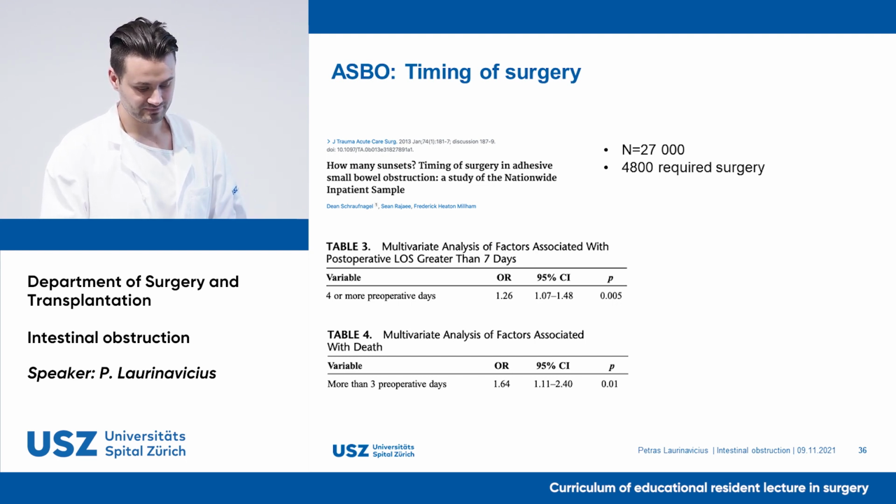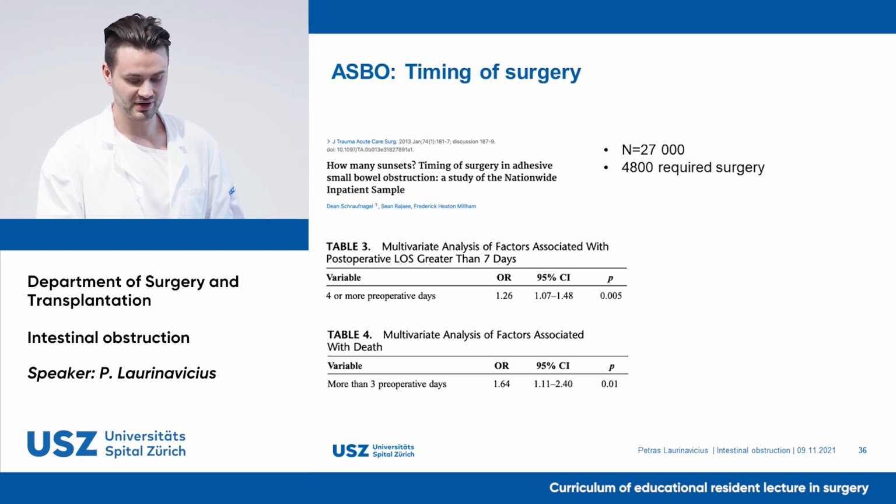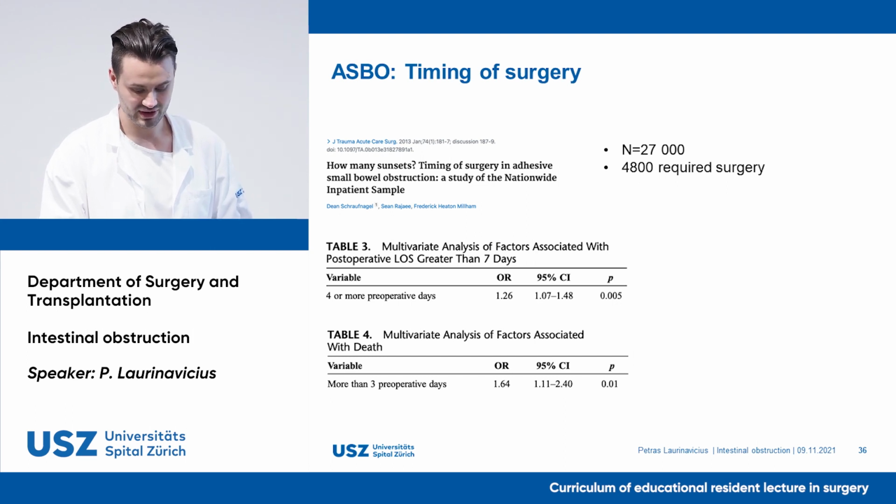And what they found out is that the cutoff for increased postoperative length of stay was 4 or more preoperative days, and that mortality rates increased after more than 3 preoperative days.